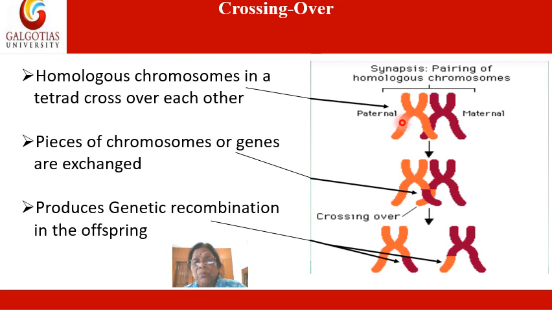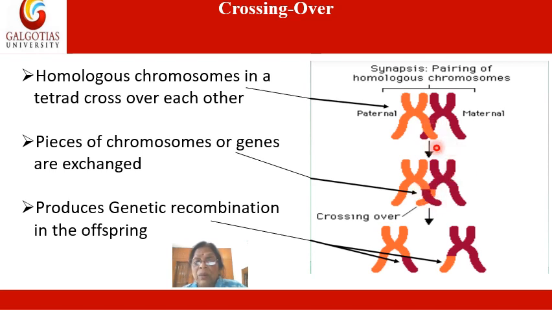Now this chromosome has two chromatids from the paternal side, and these are maternal. So the chromatid from the paternal chromosome and this chromatid from the maternal chromosome pair and cross their genetic material between the two.